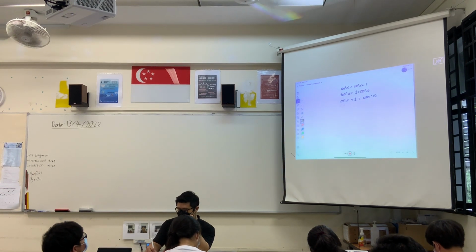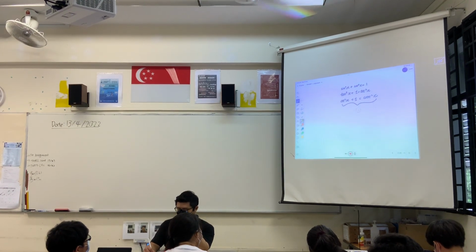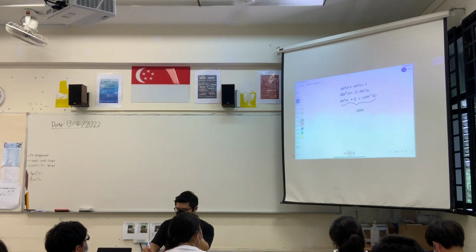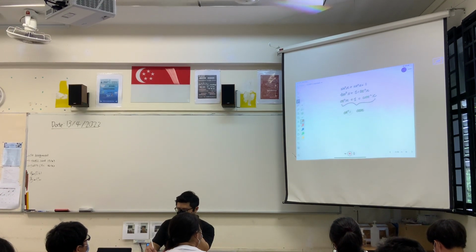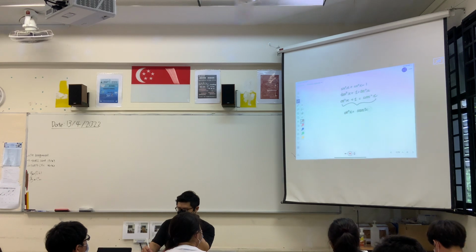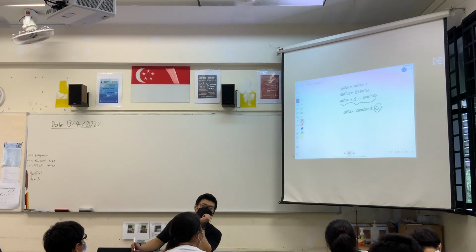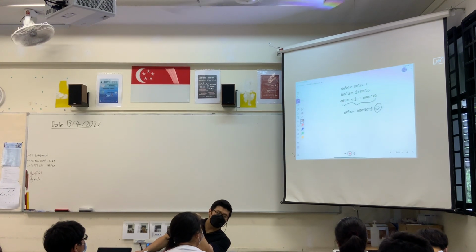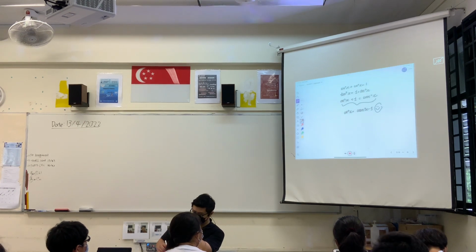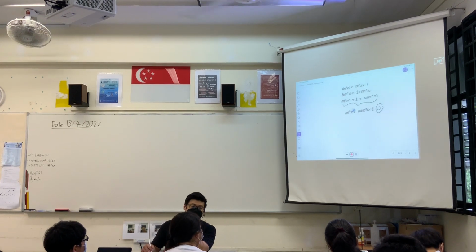So based on this, can I also say that cotangent square is the same as cosecant square x minus 1? So this is called the Pythagorean identity.